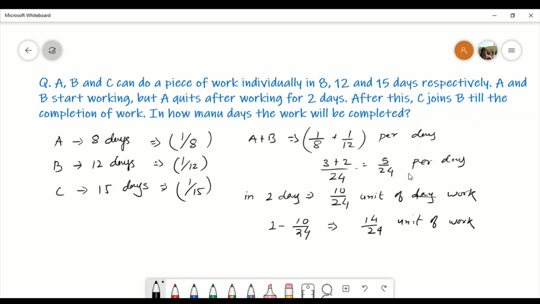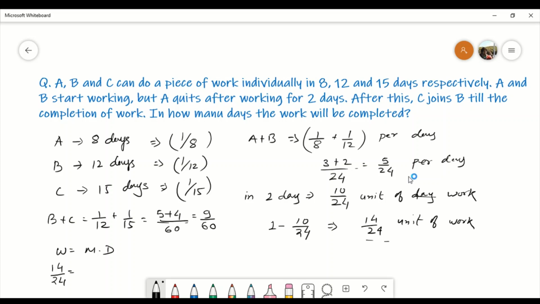Now B and C together do 1 upon 12 plus 1 upon 15 amount of work, which is over 60. So they together do 9 upon 60 unit of work per day, and they have to do this amount of work. So how much time will they take to do this, right? So we know that W is equal to M into D. So our W is given as 14 upon 24.